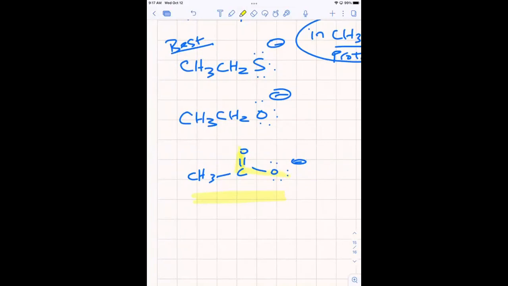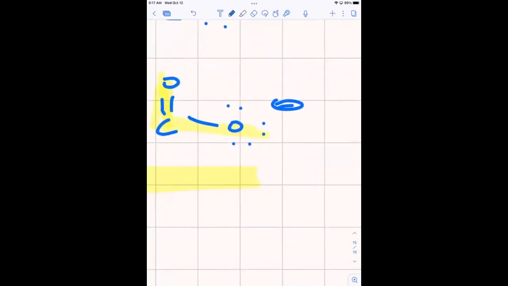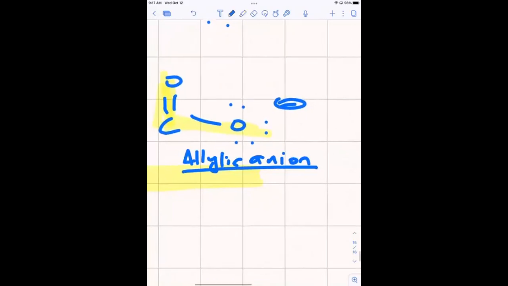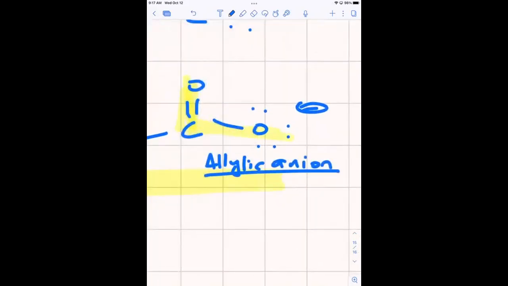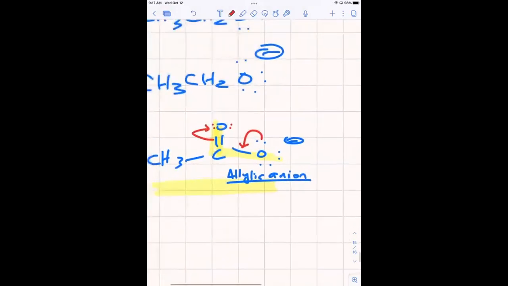This is the same as an allylic anion. So if I have a negatively charged atom that's attached to a pi bond, what can I do with that? You can break it and, yes, you can do resonance with this, right?